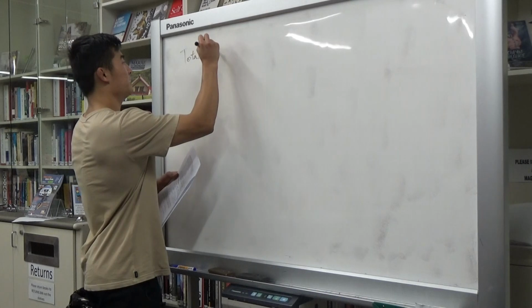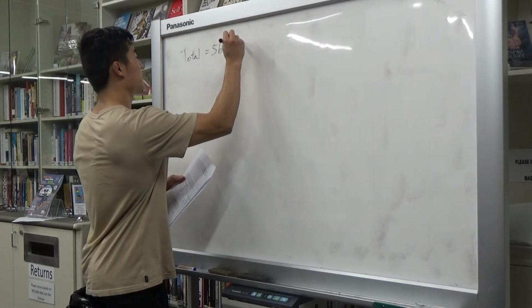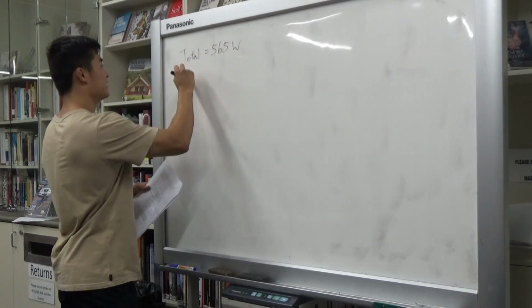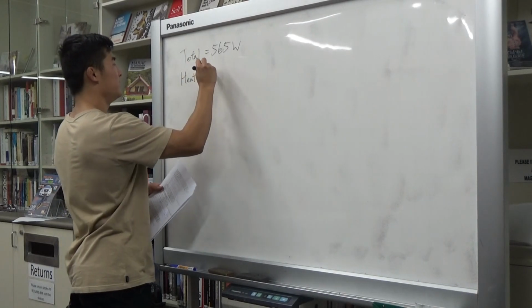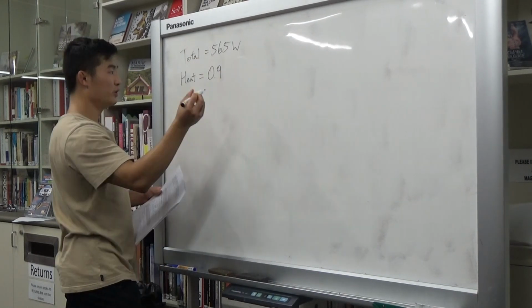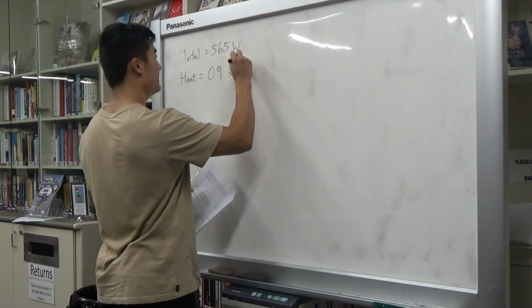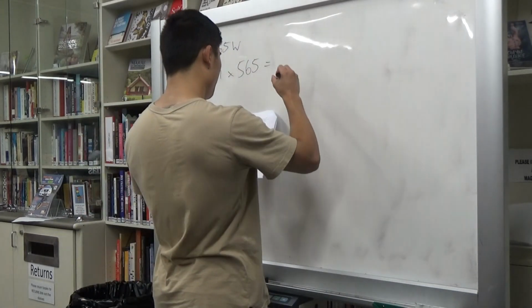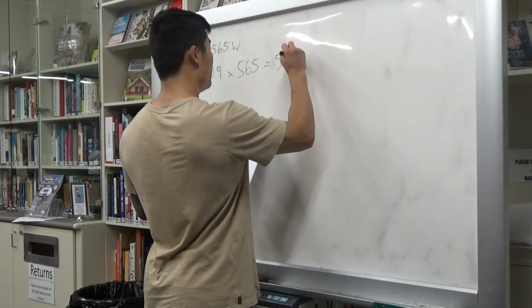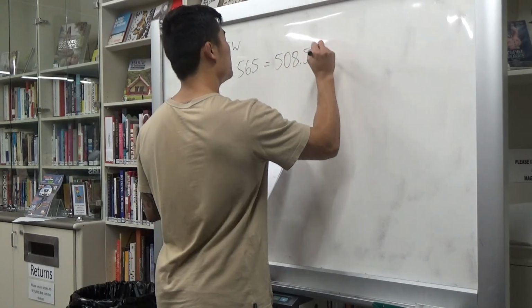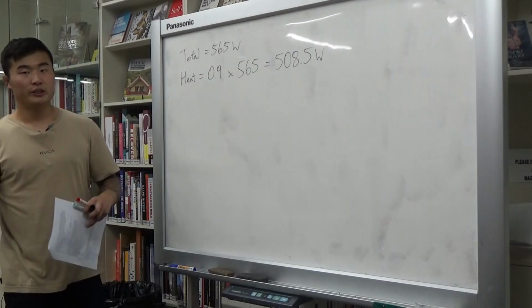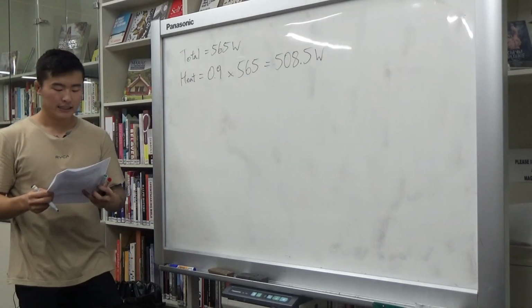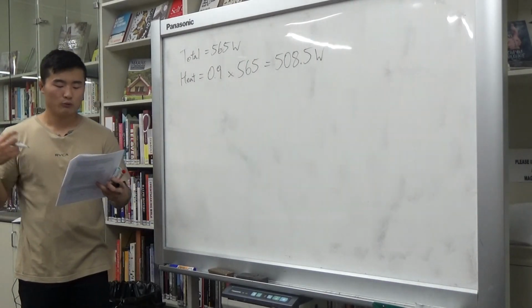So heat will be equal to 90%, or 0.9 times 565. So that's going to be 508.5 watts, the amount of heat being produced per second, and we have to multiply that by 1 hour.